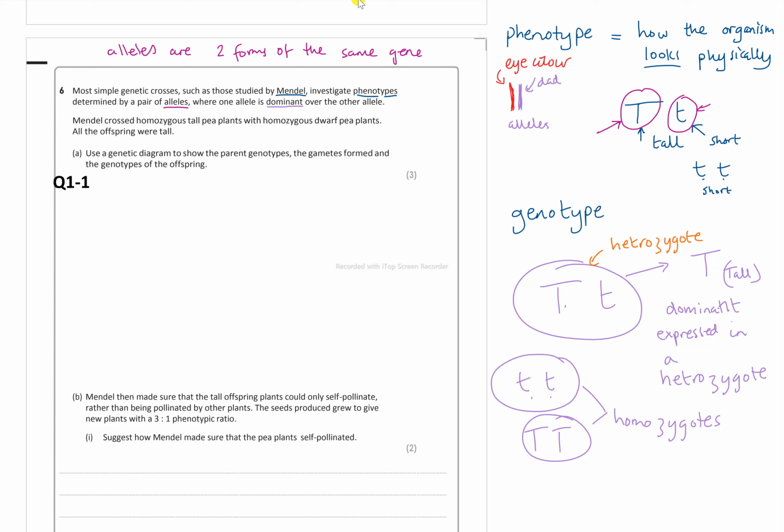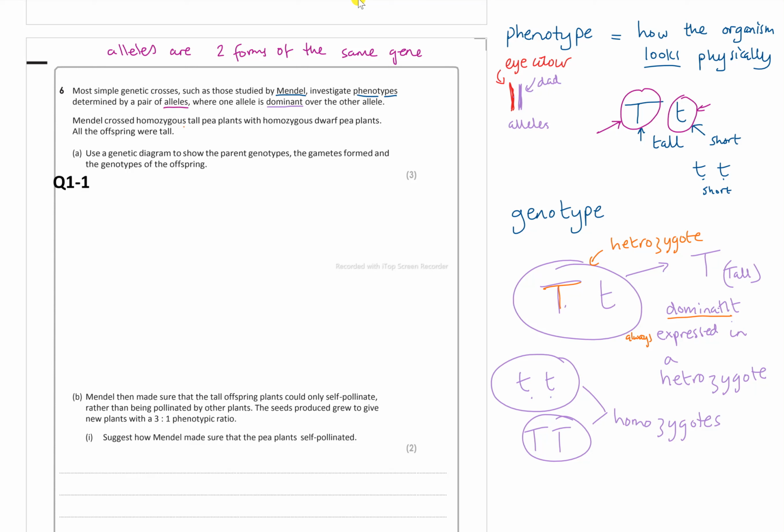And if the plant is tall in this case, the tall plant allele is dominant. It's the one that is always, it's best to use the word always, expressed in a heterozygote. Homozygote, it doesn't matter because they're both the same anyway. Right.